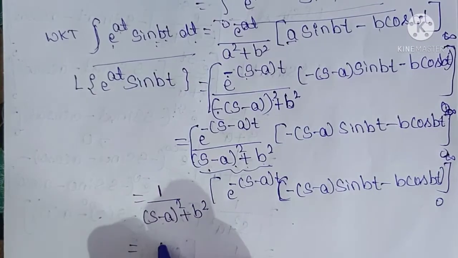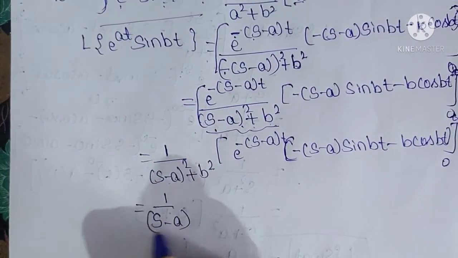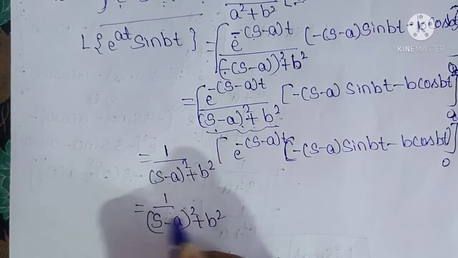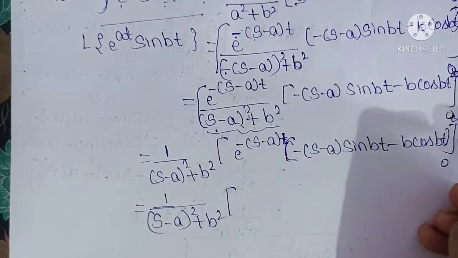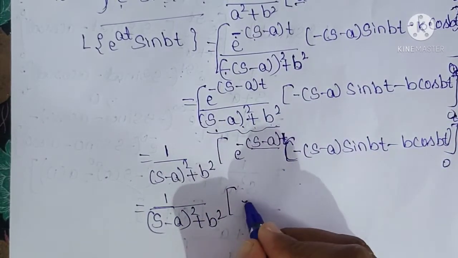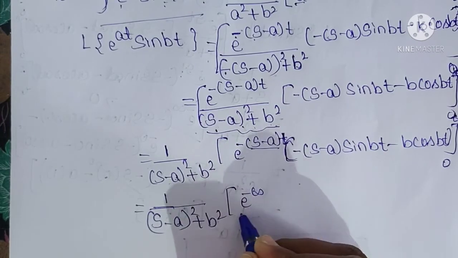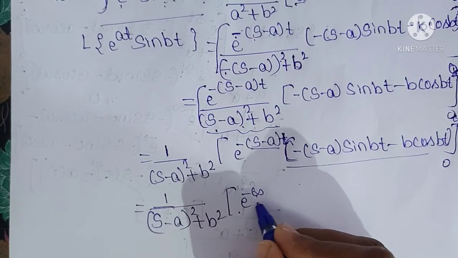Now apply limits. 1 divided by s minus a whole square plus b square as it is, into, if t is infinity, infinity into s minus a is infinity, we will get e power minus infinity. E power minus infinity into this entire term we will get 0.